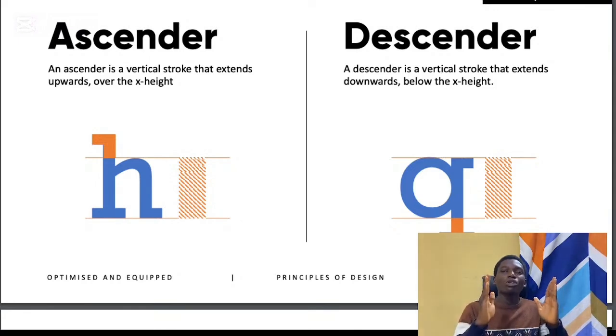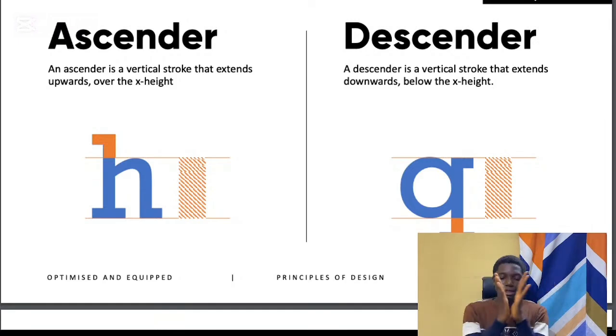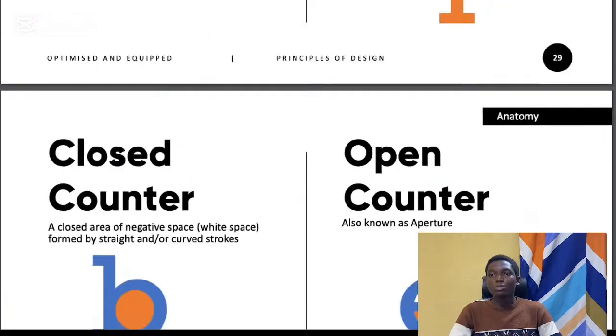Where these two lines meet, the topmost of these two lines, then the bottom of these two lines, from the bottom up, it's called the ascender. From the meeting line down, it's called the descender.